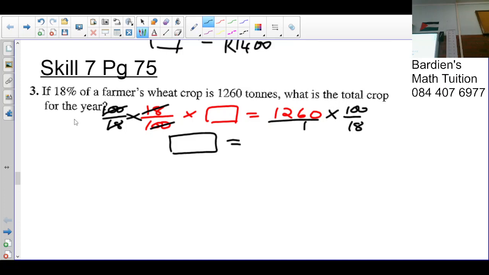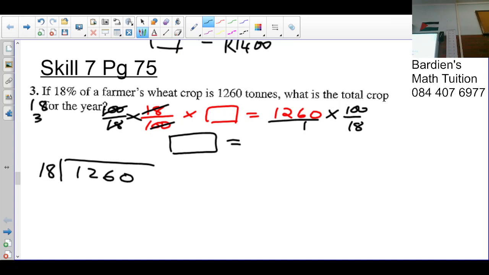So we go 1,260 divided by 18. Okay, it's fairly big, no? But you guys have divided this already like this, not so? So what we do is we work out multiples of 18.